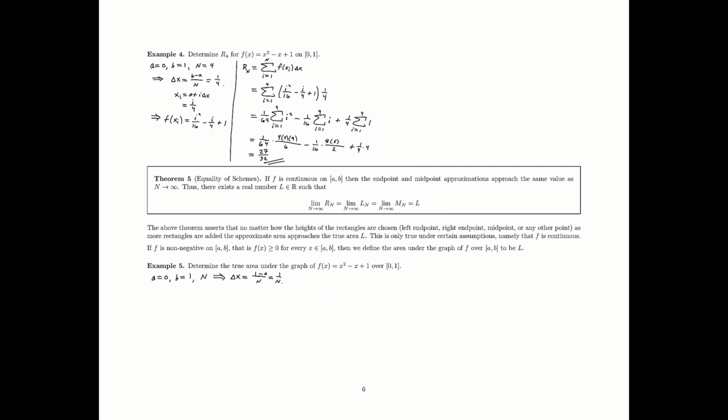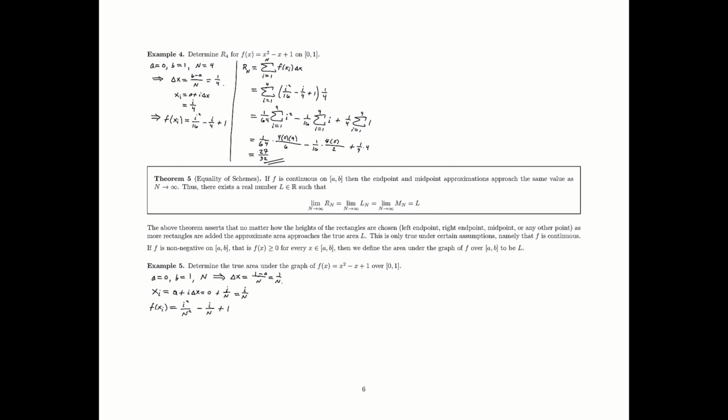So in this case, we'll say that x sub i is 0 plus i times delta x, a plus i times delta x, which is 0 plus i over n, which is just i over n. Therefore, f of x sub i is i squared over n squared minus i over n plus 1.